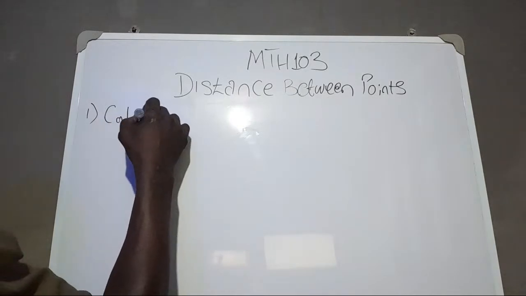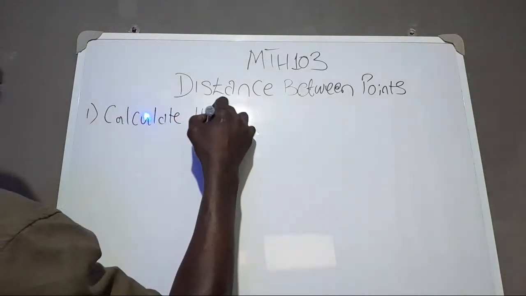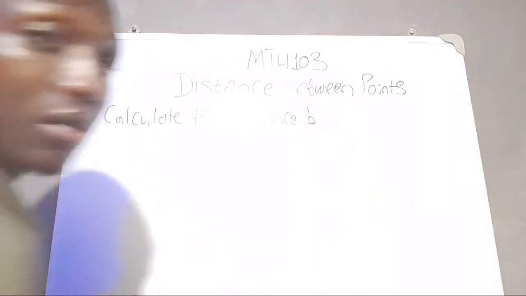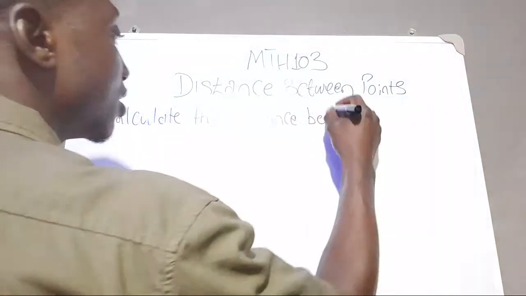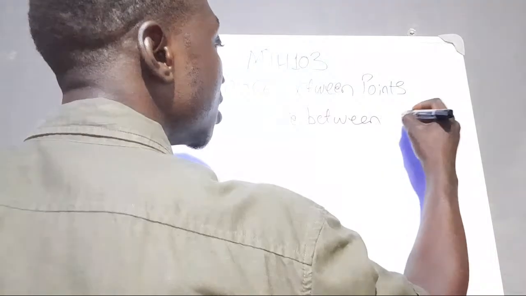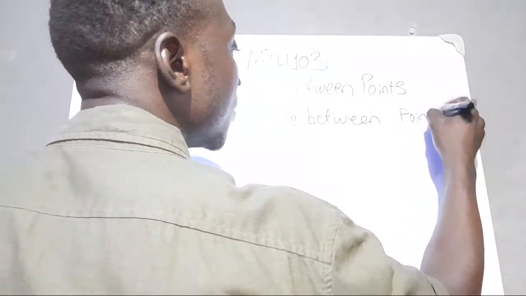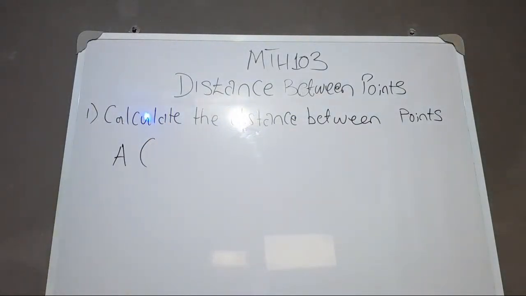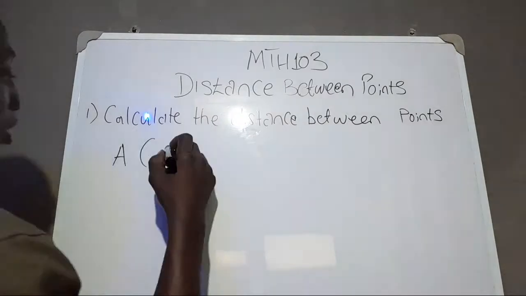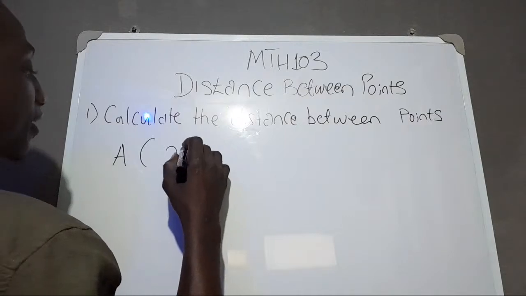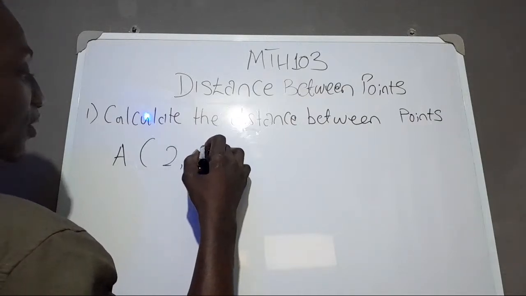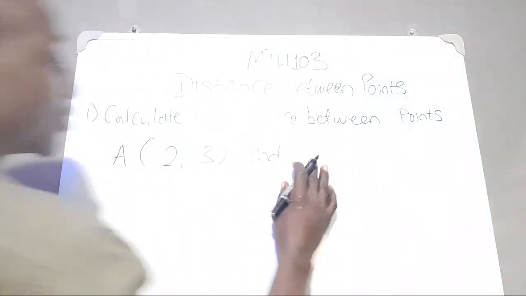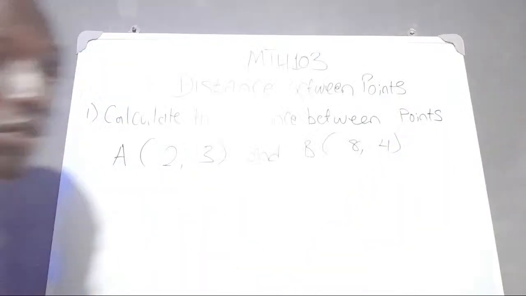Calculate the distance between point A, which is 2, 3, and point B, which is 8, 4.